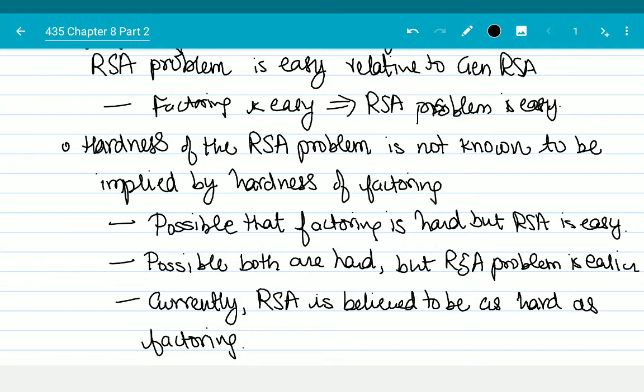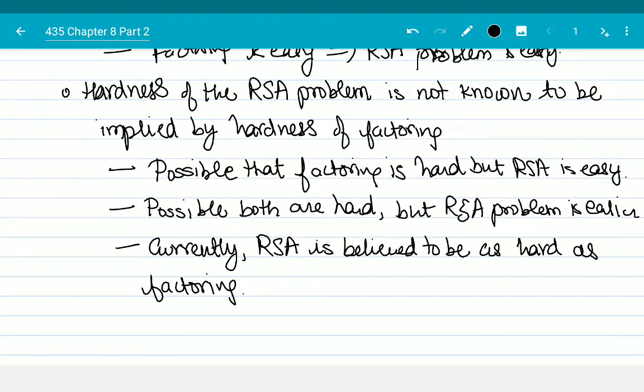Okay. So right now, as with most problems, we don't actually know if it is a hard problem or not, but we believe that it is a hard enough problem that things should not work out. Okay.